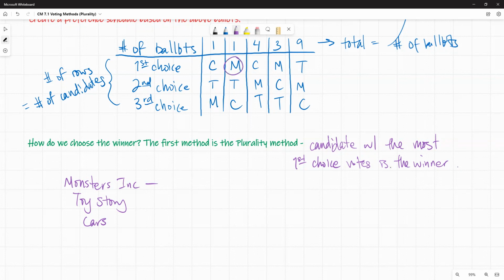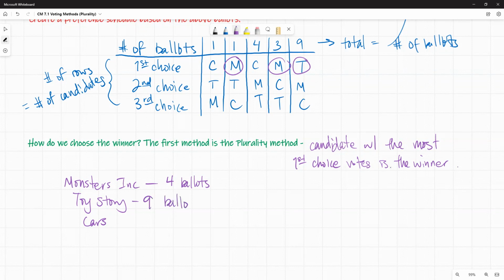Okay, so for Monsters Inc., how many times did that one get first place? We have these 2 slots where it got first place. And in those 2 we have a combined total of 4 different ballots, 4 different people that marked Monsters Inc. as their first choice. Okay, now let's look at Toy Story. There was only 1 column where that happened as the first choice, but that happened with 9 ballots.